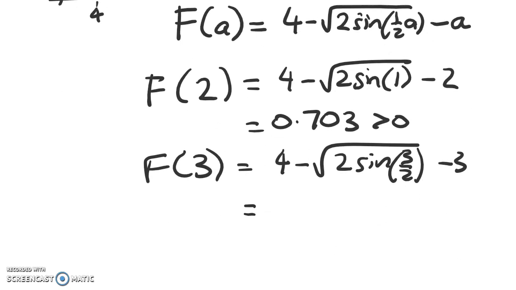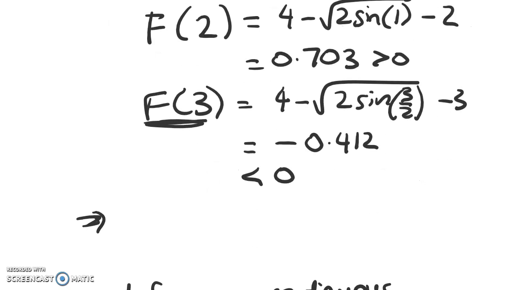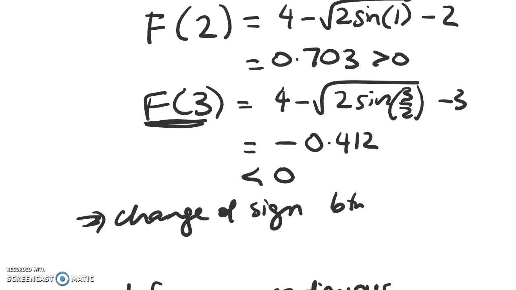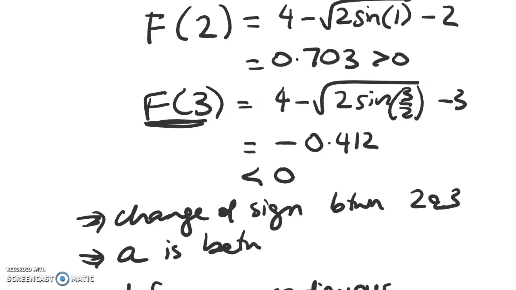So the difference in the 2 sides here is equal to negative 0.412, and that's less than 0. So we've got a change of sign between 2 and 3, that means that alpha is between 2 and 3. Hopefully your handwriting is not as terrible as that in the exam.